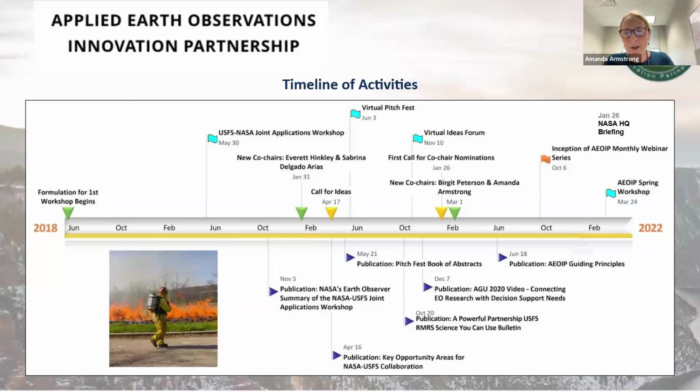As you can see at the bottom here, the timeline that we're showing has some publications that you can look up and find if you Google these different words. Some of them are also linked in the static website that Liz mentioned. And there are some activities that have been very successful to date.